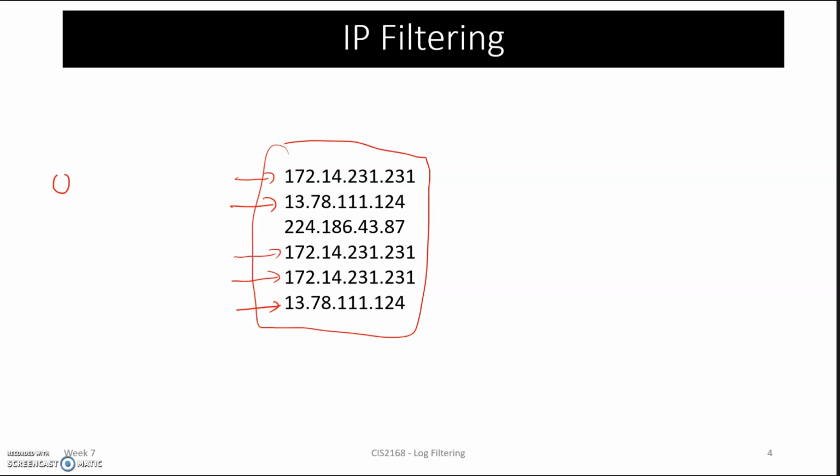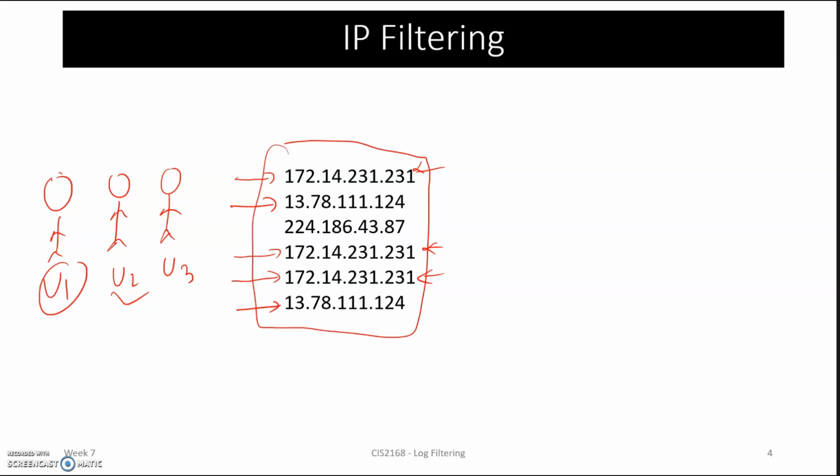How many users are there? According to the IP addresses in this slide, there are 3 users: user number 1, user number 2, and user number 3. So I am calling them U1, U2, and U3. This user is using this IP address. Similarly, user 2 is using this IP address, and user 3 is using this IP address.